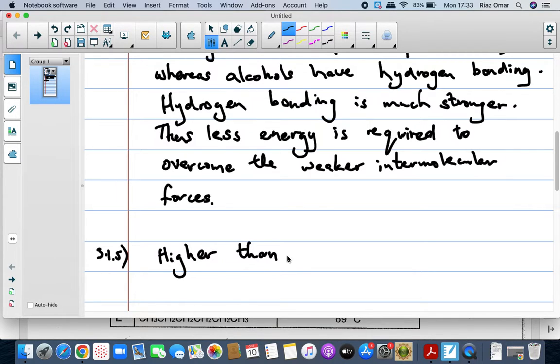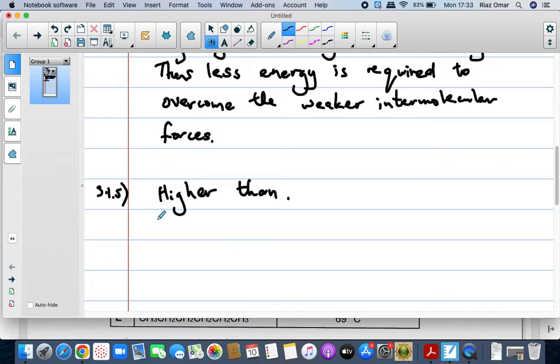If you have to explain that, we can say ketones have dipole forces.